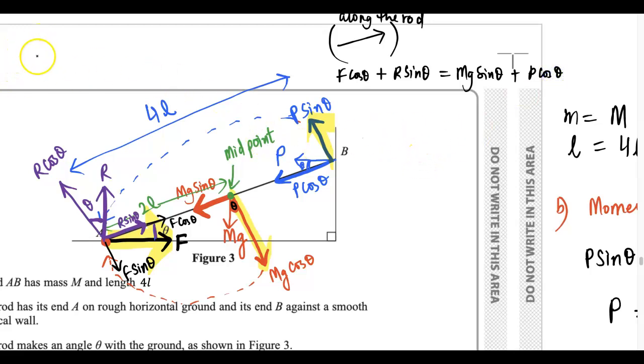Okay, and if I say perpendicular to the rod, we're going to get all the top forces. Top forces are R cos theta plus P sine theta, that is equal to F sine theta plus mg cos theta.